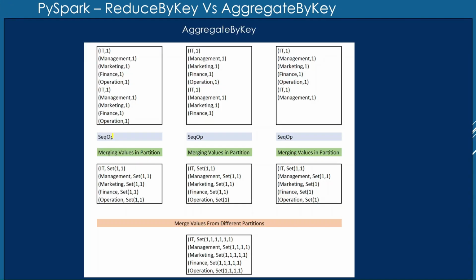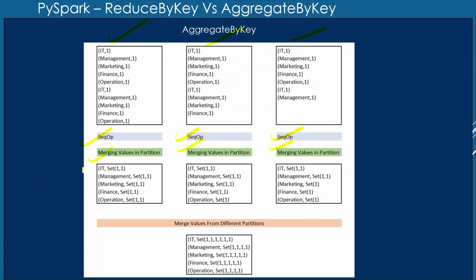So let's understand aggregate by key with the help of this pictorial representation. Suppose these are three different partitions present in three different executors. The sequence operation takes place on each and every partition, merging the values of the partition.